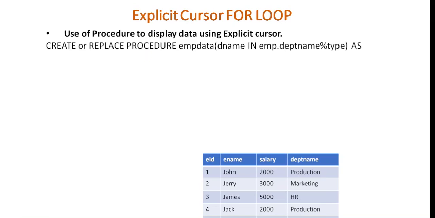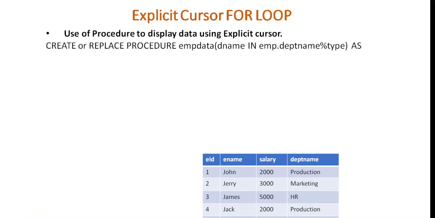It means that whatever is the data type of the dept name attribute in the EMP table, assign that data type to D name. Okay, see here we are not writing dname in varchar2. We are assigning the data type of the attribute dept name, which is an attribute of the EMP table, to dname.